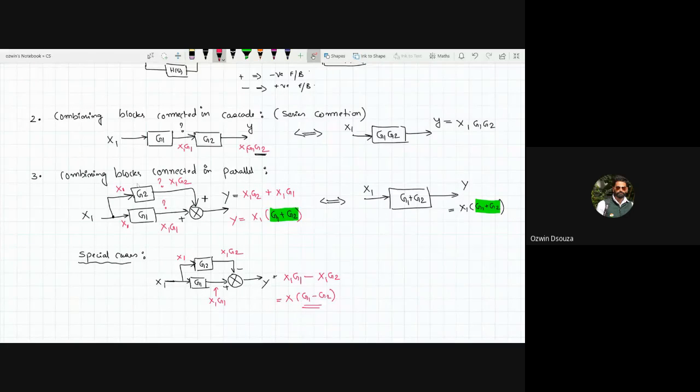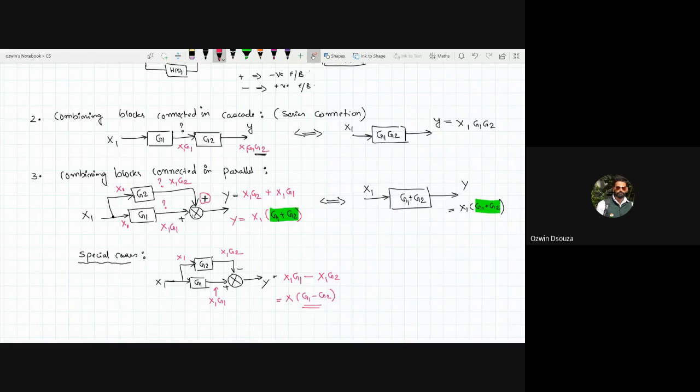Whenever we say blocks connected in parallel, it's not necessary that you just take the addition. You are supposed to perform algebraic addition, in the sense that you will have to consider the sign as well. So please take care of the sign whenever you reduce blocks connected in parallel.